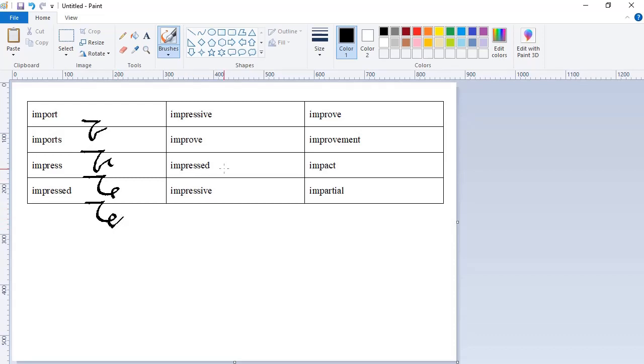Next, we have impressive. Oh, bakit naulit sila? Ulit na ulit na ulit. Saglit. Wrong ito.